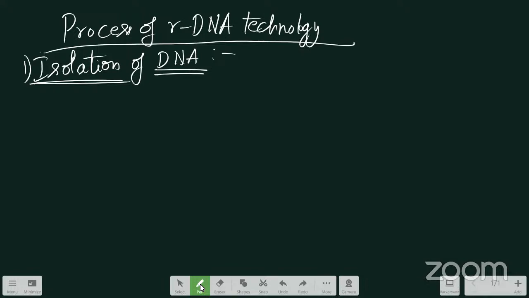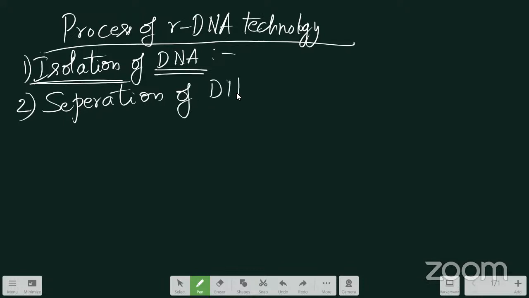Now the second step will be the separation of the genetic material, not DNA.